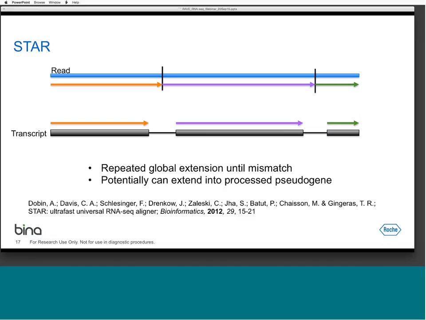So this is a very natural way to align RNA-Seq reads, and it's very fast. It can also handle mismatches quite well, and also intron junctions anywhere in the read. However, a potential pitfall is that if there is a processed pseudogene which is quite homologous to the real transcribed gene, then the extension process can extend into the pseudogene and potentially miss the actual real gene alignment.